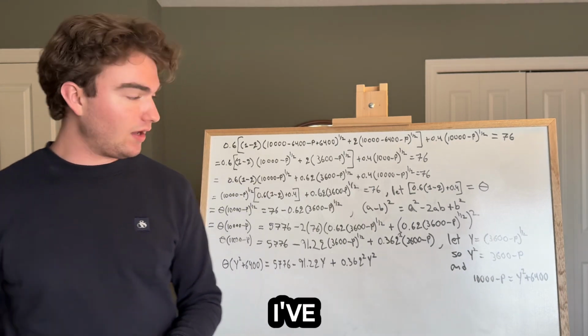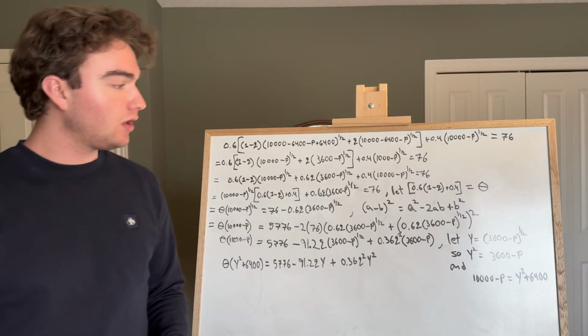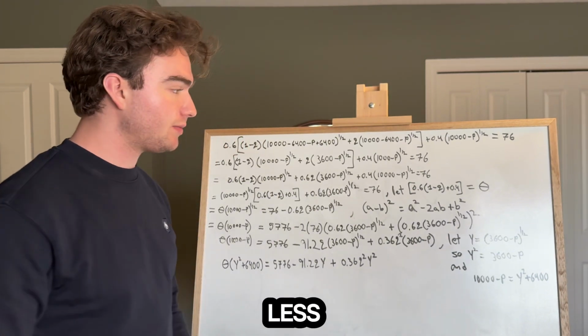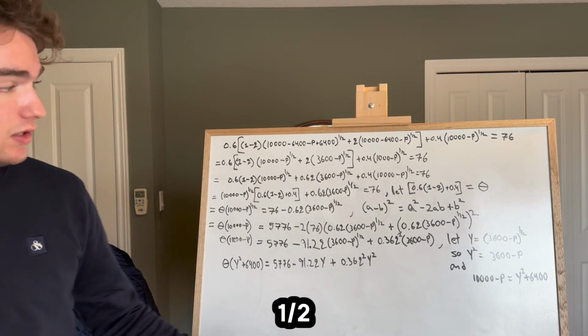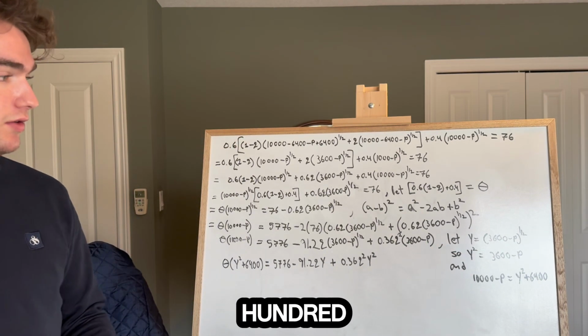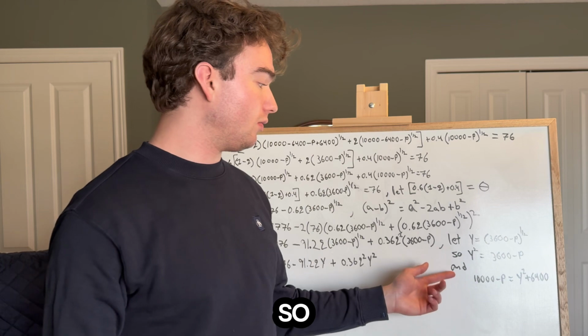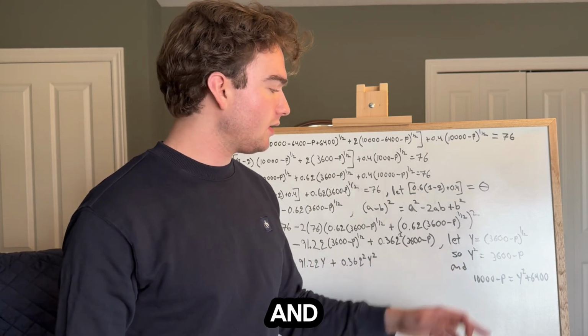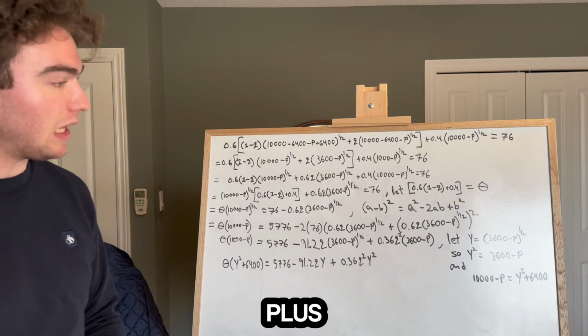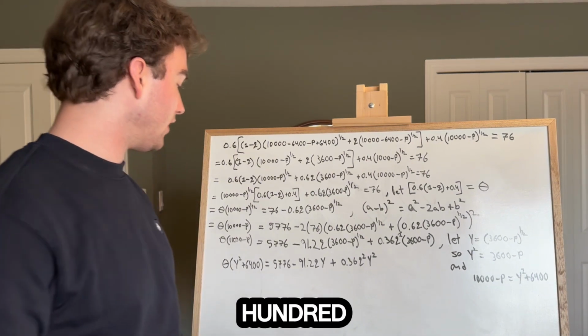All right, so I've introduced y. So let y equal 3,600 less p to the power of 1/2. So y squared will be 3,600 less p. So, and 10,000 less p equals y squared plus 6,400.